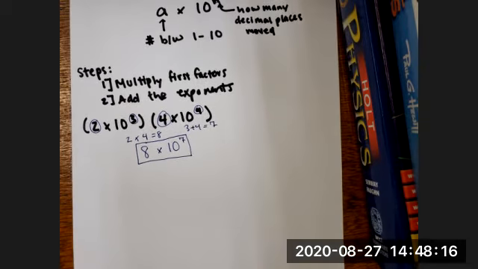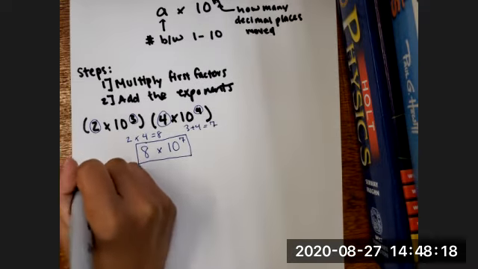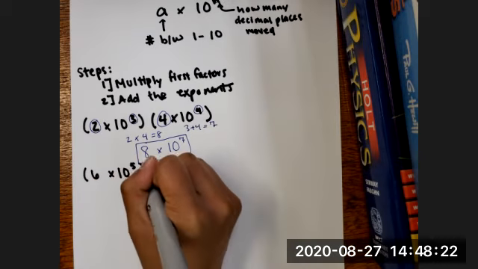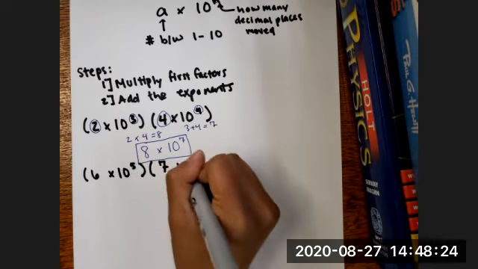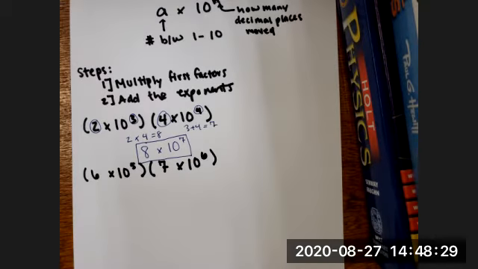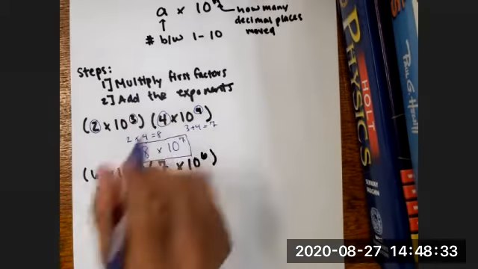My next question on the notes was 6 times 10 to the 5th times 7 times 10 to the 6th. Once again, all I have to do is multiply the first factors.